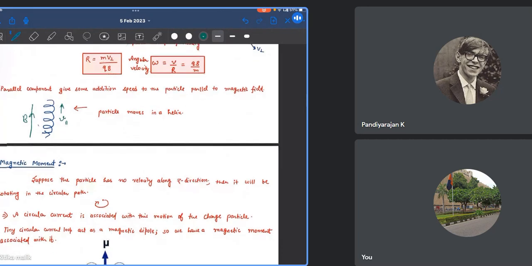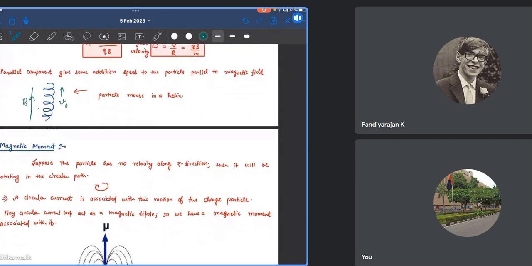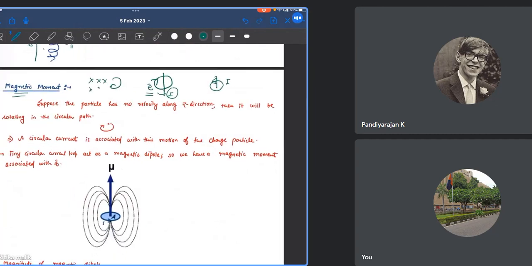There is also this concept that if you place a particle with velocity perpendicular to the magnetic field, then it just starts moving in circular motion. And if a particle is moving in circular motion, that means a current is generated in circular motion. Whenever you have a current carrying loop, there is a magnetic moment. So what is the magnetic moment generated by the motion of this charged particle?